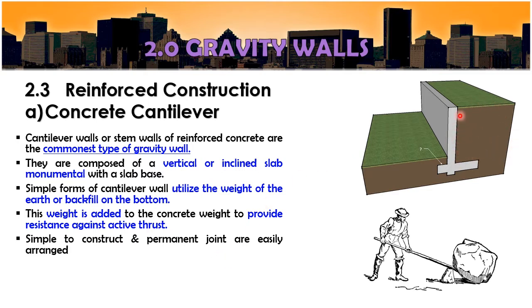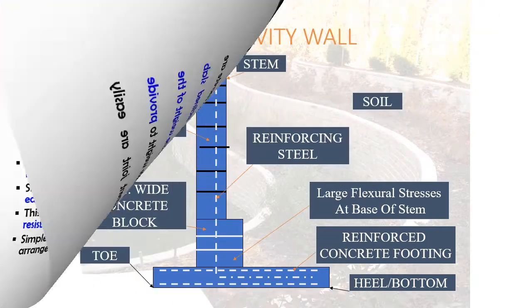So this is the backfill that we place on top of the base of the wall. This weight is added to the concrete weight to provide resistance against active thrust. Because the soil also has weight, it helps to stabilize the retaining wall overall. It is simple to construct and permanent joints are easily arranged.